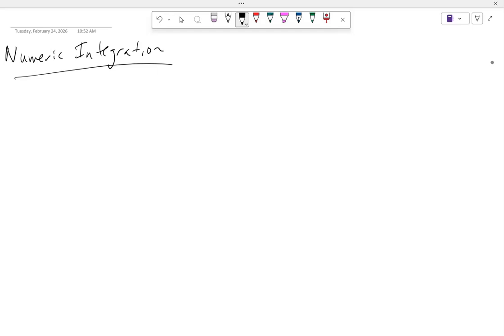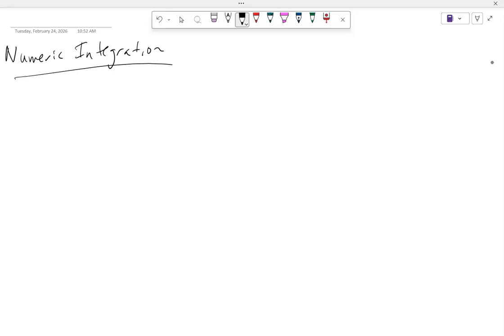So in Calc 2, you had midpoint rule, trapezoidal rule, Simpson's rule. You motivated all of those things by geometric shape, and that's what you kind of did when you first started doing integration.